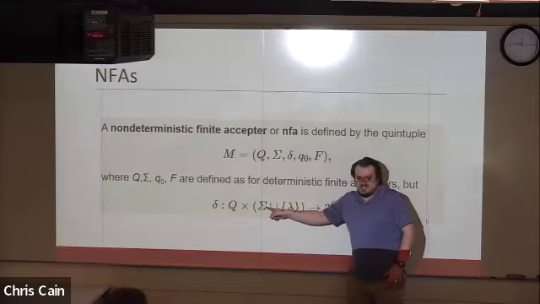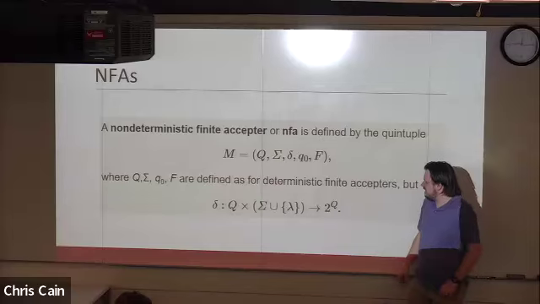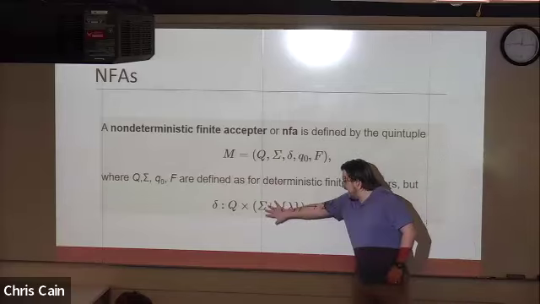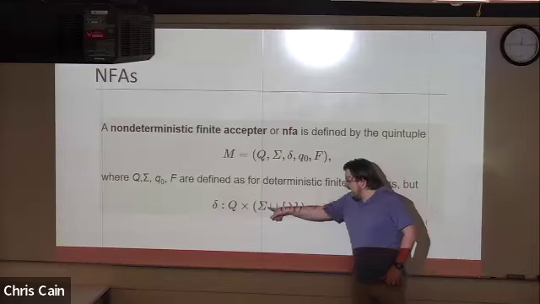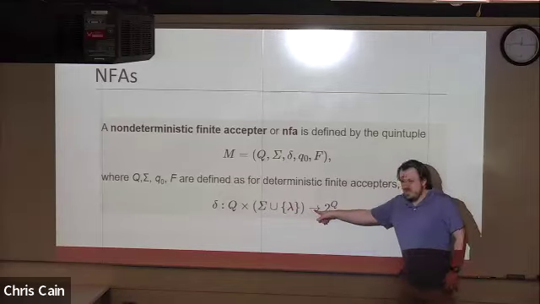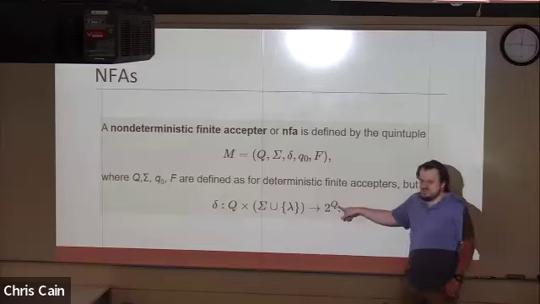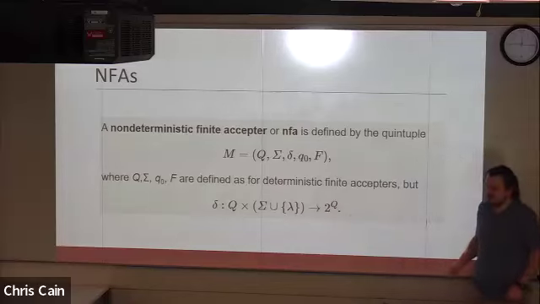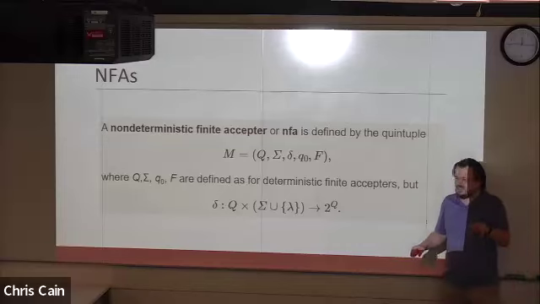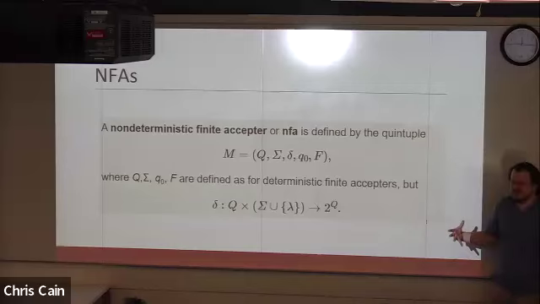But now, since it's non-deterministic, we're going to allow that to be unioned with a lambda as well, and each arrow for this can go to up to 2 to the Q, meaning that each state on each input character could go up to every other state. So many, many, many more transitions are legal than there were in a DFA.